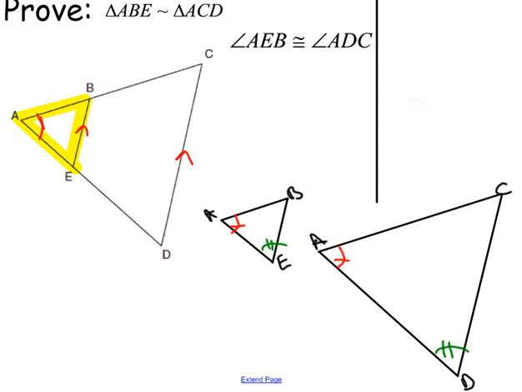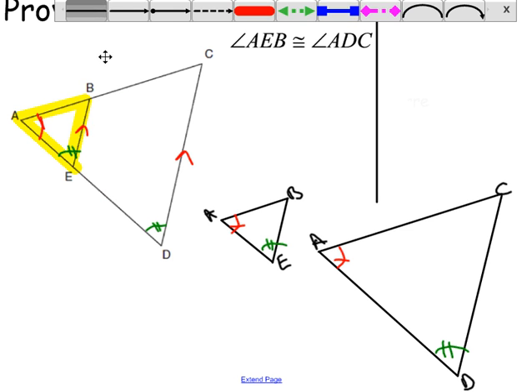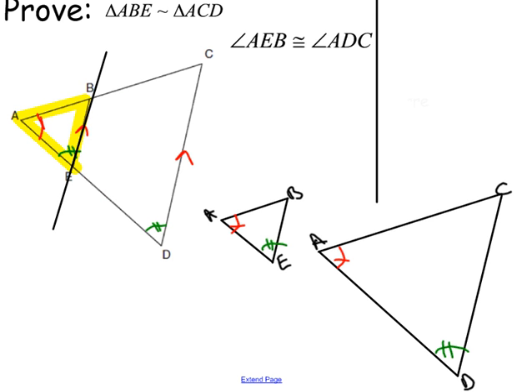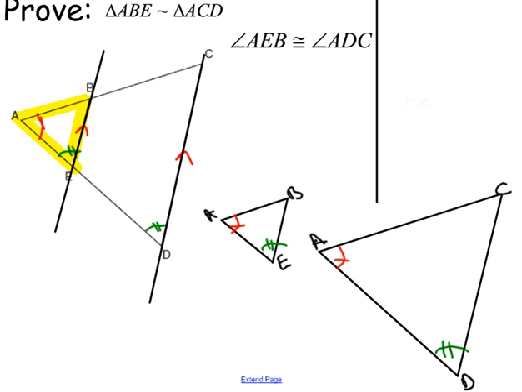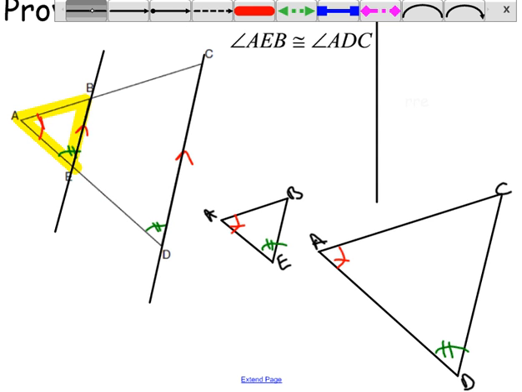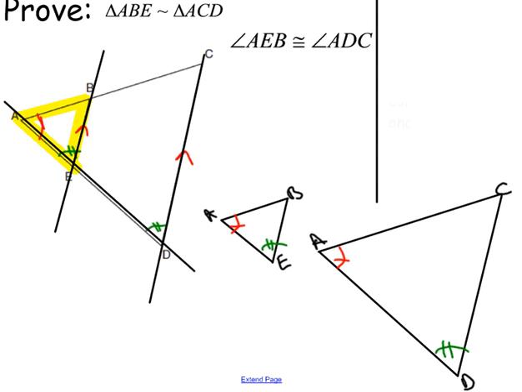This angle here, AEB, and this angle here, ADC, are actually corresponding angles. So since these lines are parallel, let me help you visualize this. Right? These are parallel lines, line EB, and then you got the other line, DC, and then you got this line here that's acting like a transversal.